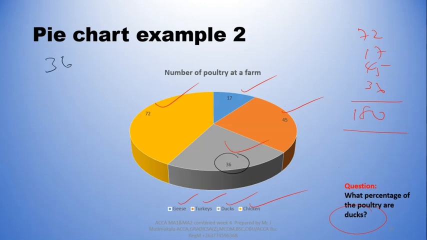So we say 36 over 180 multiplied by what now? Because the question is saying what percentage, and we know that percentage is 100%. So by 100%, not by 360 this time. If you say 360 this time, because a pie is a circle and a circle is 360, you are going to fail.